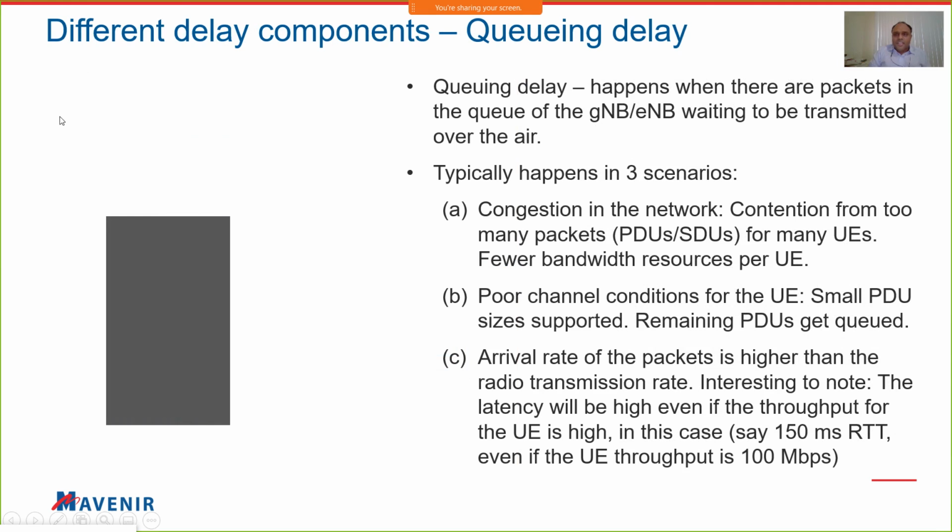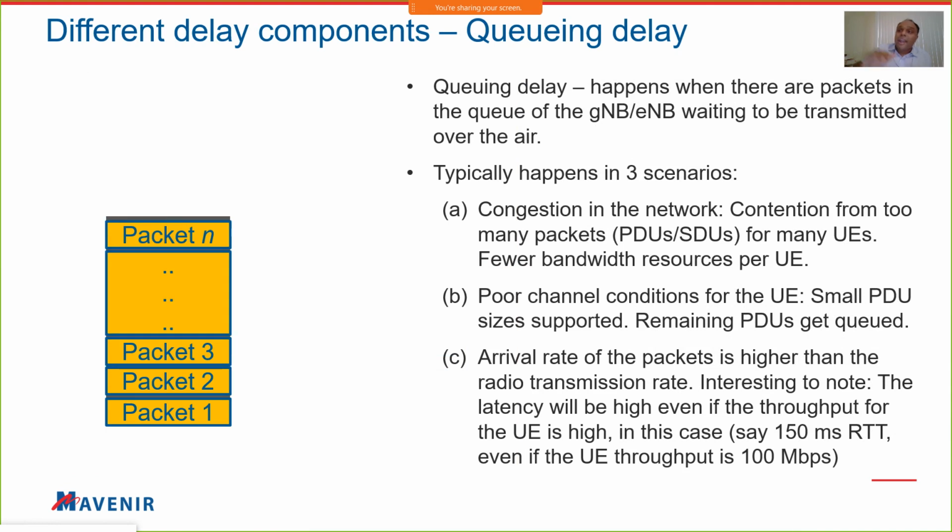Now, this is a logical buffer for a user inside the gNodeB or the eNodeB. Let us assume that this buffer has about n packets queued inside it. When the n+1th packet is about to be transmitted to the user, it will have to wait until all the n packets in front of it are successfully transmitted.